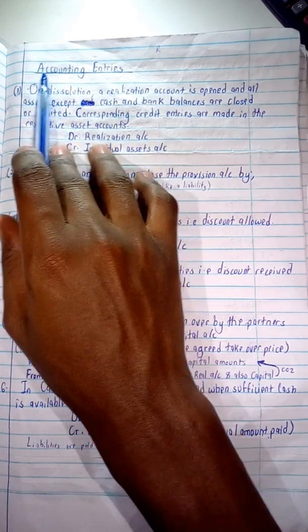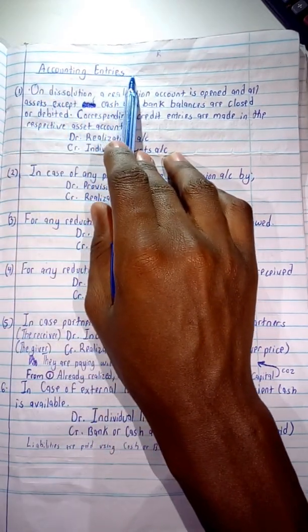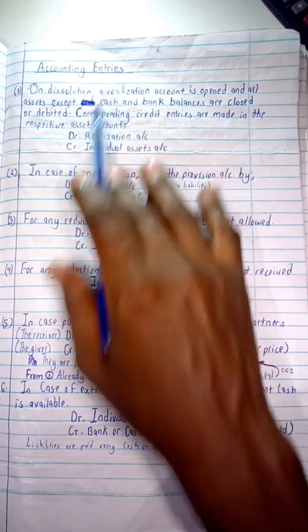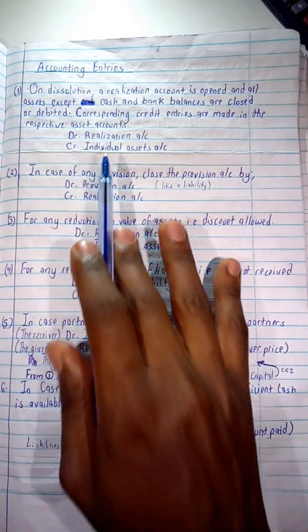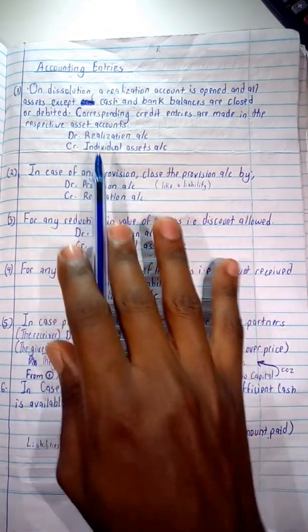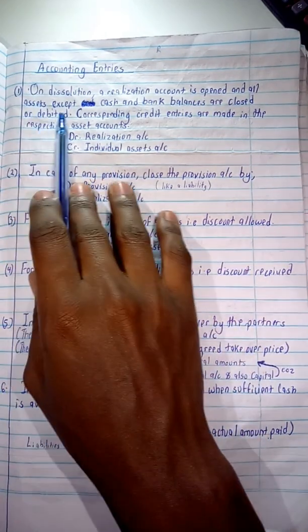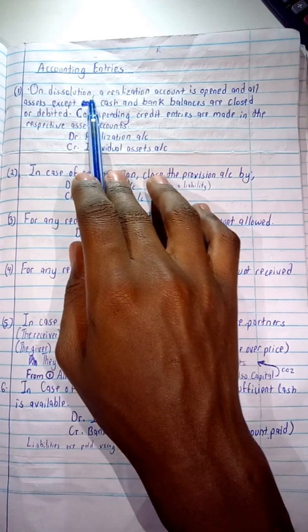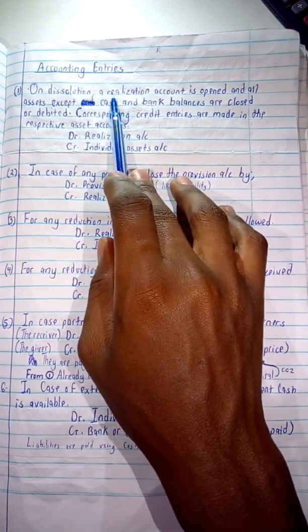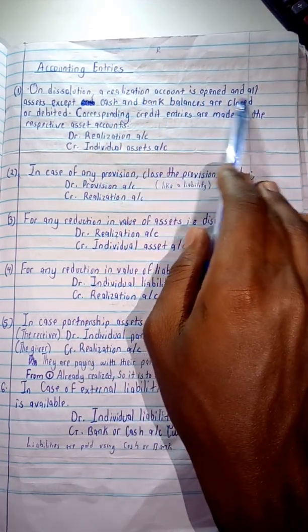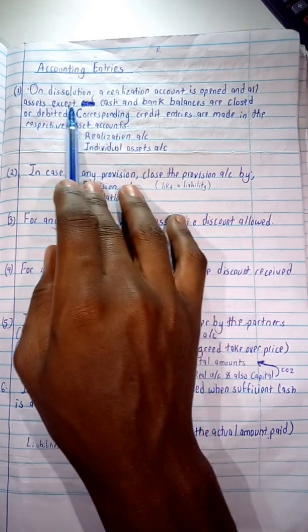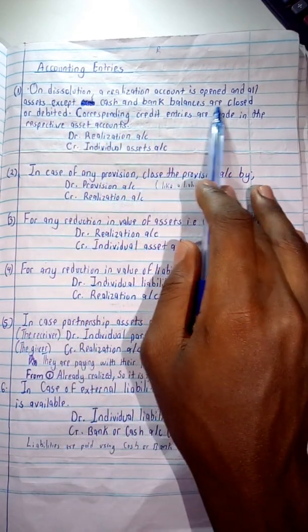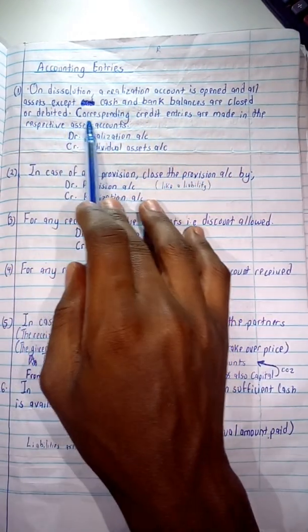so then we are going to be looking at the accounting entries for dissolution. Once you have mastered all these accounting entries for dissolution, trust me, you can handle any number on dissolution. So with this, I'm going to begin with the first one. Number one, on dissolution, a realization account is opened and all assets except cash and bank balances are closed or debited.